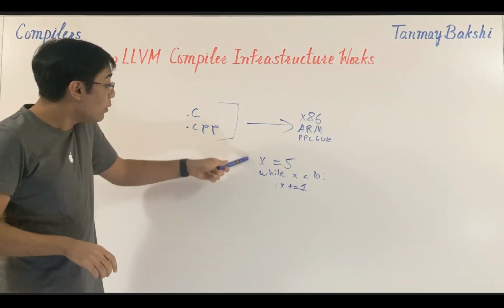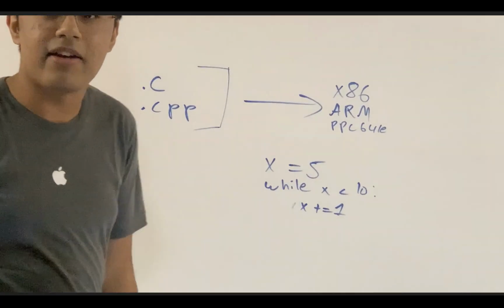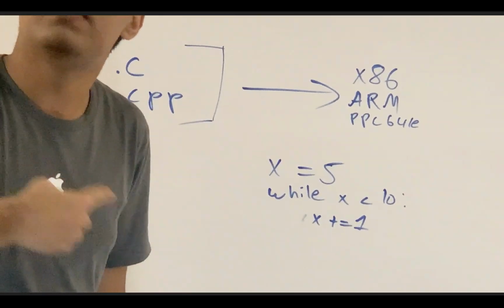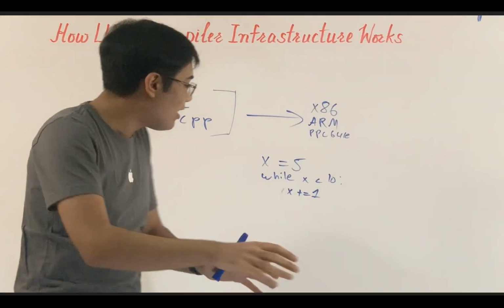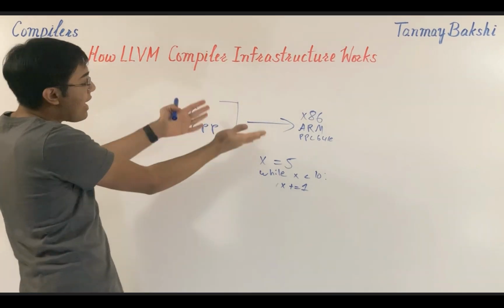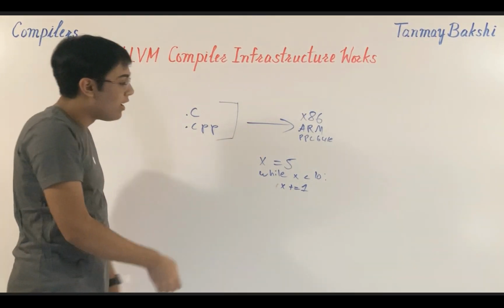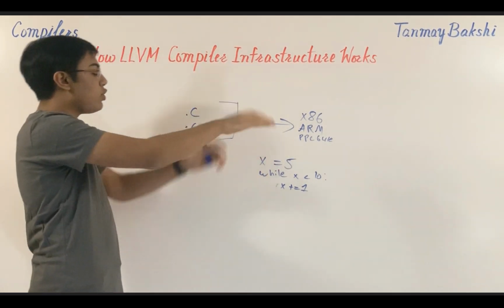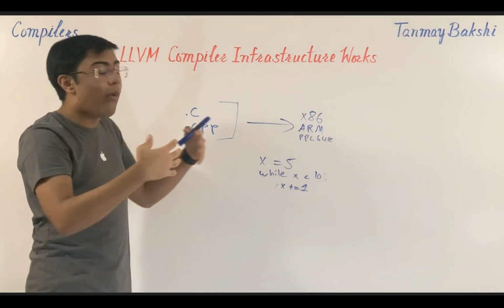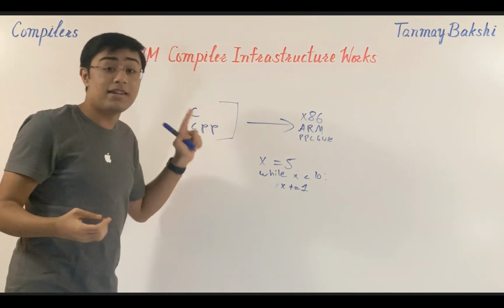And if the compiler were to just run this as it is, you would get x is equal to 9 eventually, but it would take a bunch of CPU cycles. So what if the compiler could automatically understand that, hey, you just want x to be 9? So instead of setting it to 5 and then looping through and checking the condition every time and incrementing and doing all of this nonsense, why not just set it to 9? It's that simple. This is called constant folding.